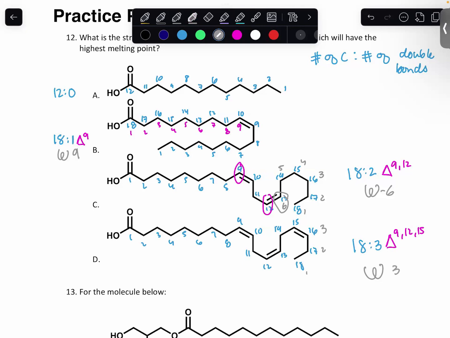Which of these would have the highest melting point? I heard it, A. Why?